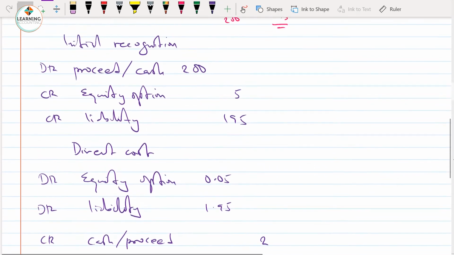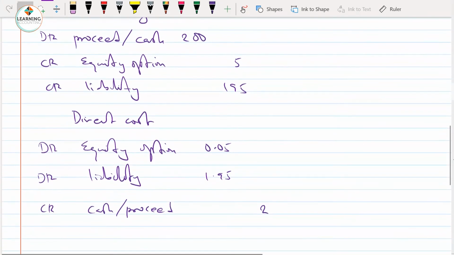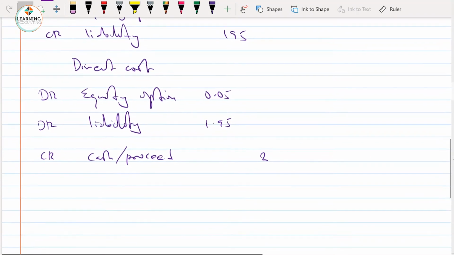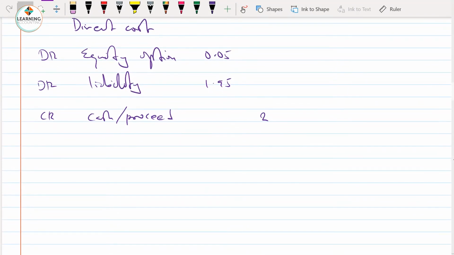In summary, that is what we have at the end of the day in our books, which is what will be recognized. Subsequent recognition.